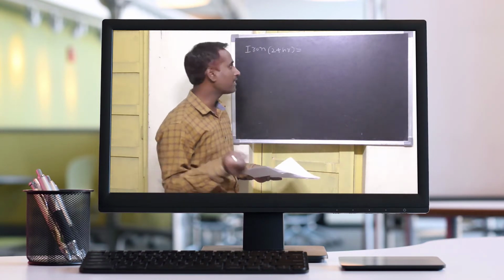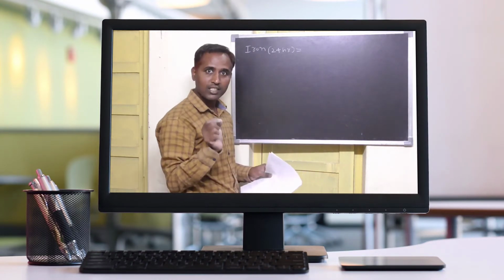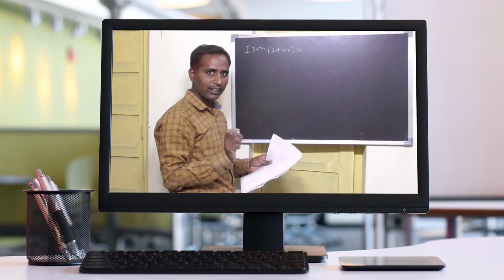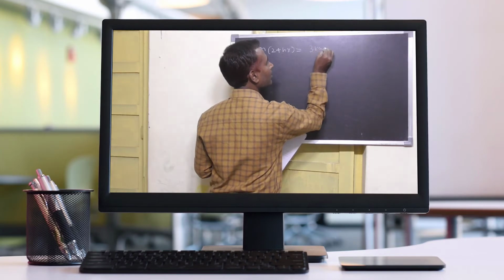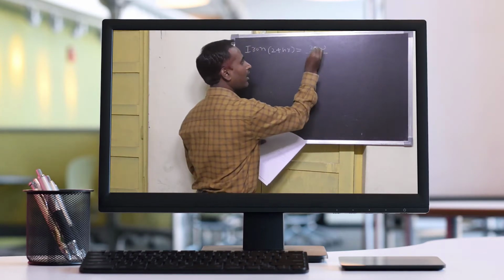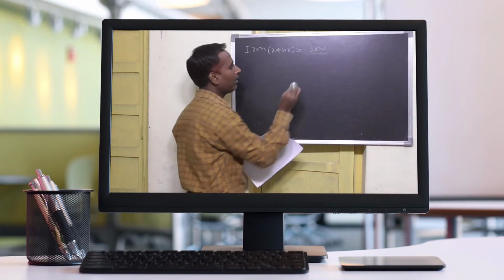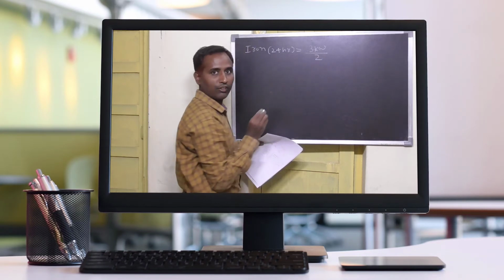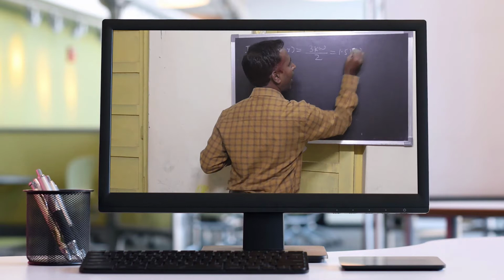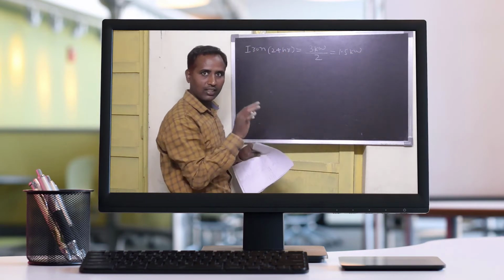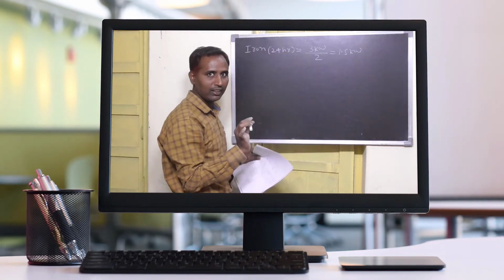That's why we say iron loss is a constant loss. In the given data, in full load loss we get 3 kilowatt. It contains iron loss and copper loss. It is equally divided, divided by 2, so we get 1.5 kilowatt iron loss.